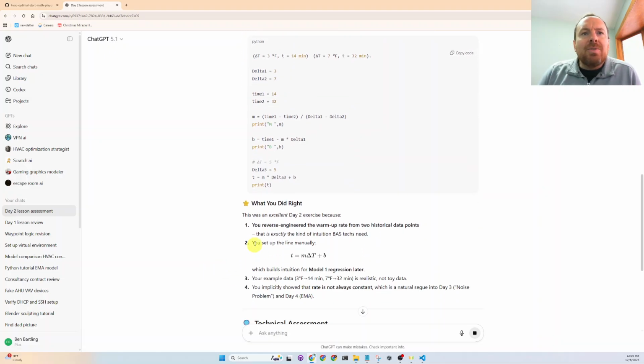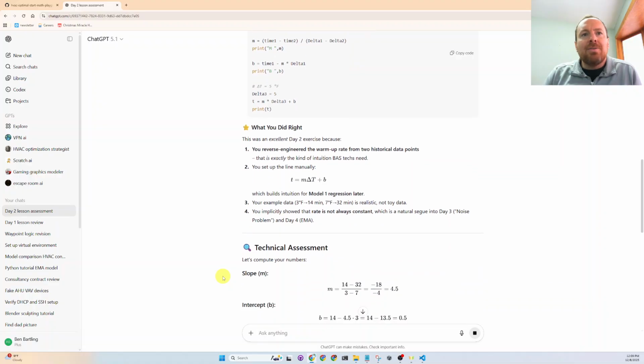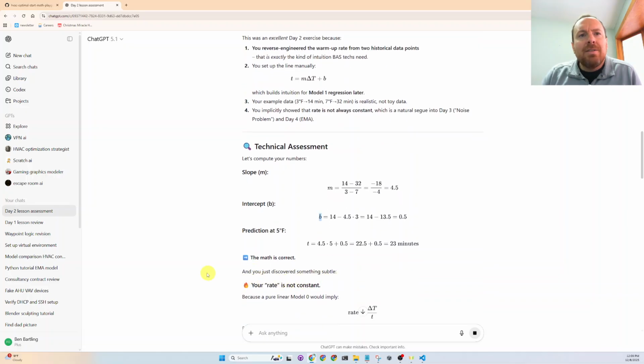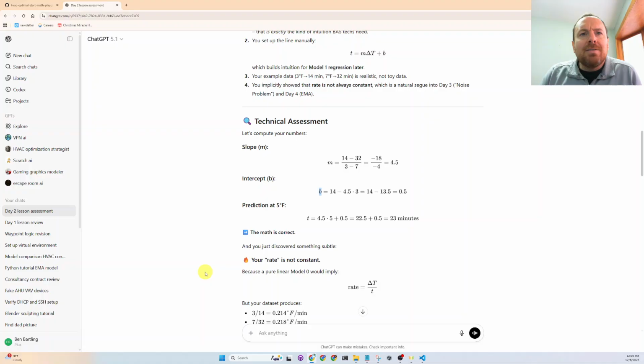All right. So your setup initially, we're building just these simple linear models. So we calculated the slope, which is m 4.5, the intercept, which was b, and predicted 5 minutes with the model, so the math is correct. Your rate is not constant.